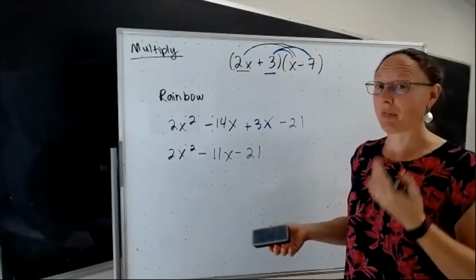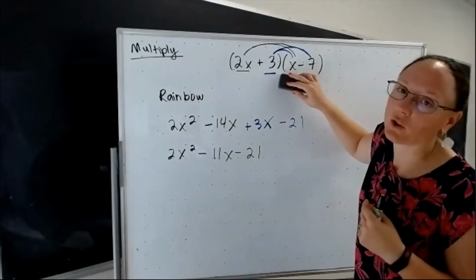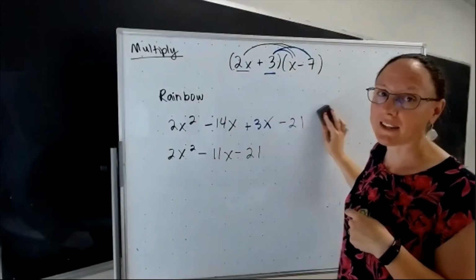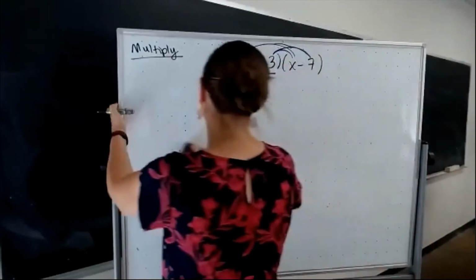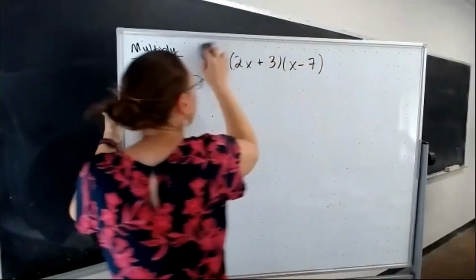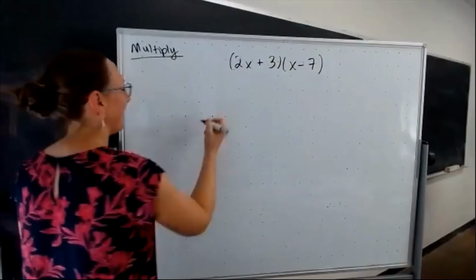But if you want to be methodical about the problem, it can be helpful just to keep everything super organized. So my last option here for the box method is that we draw a box.